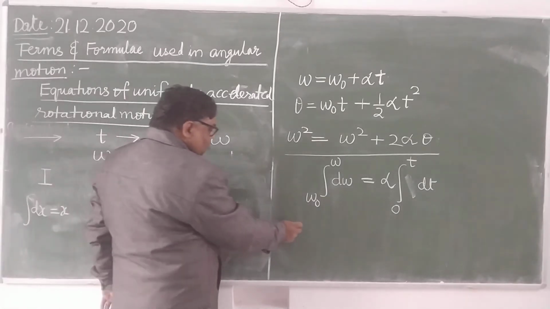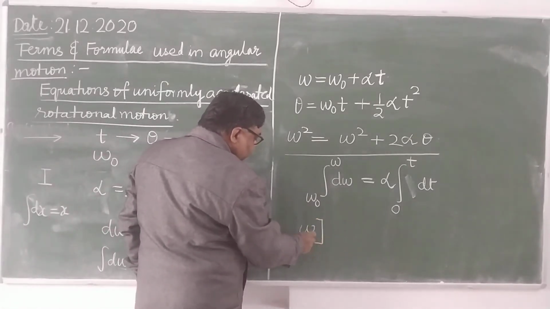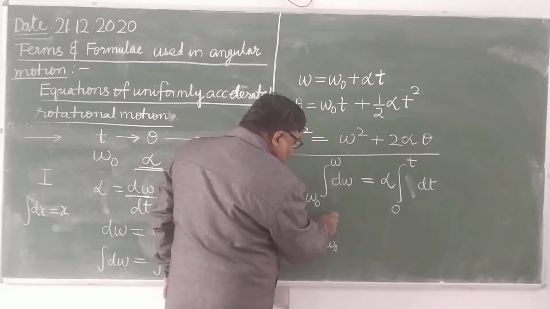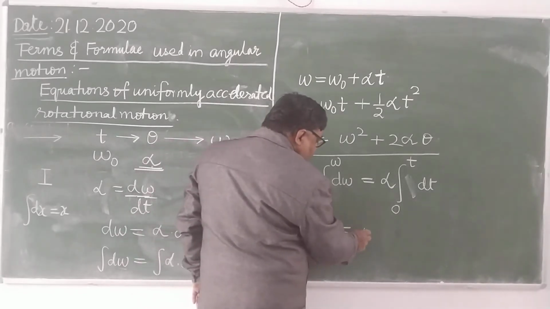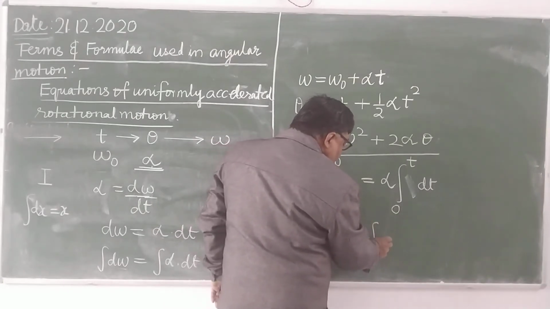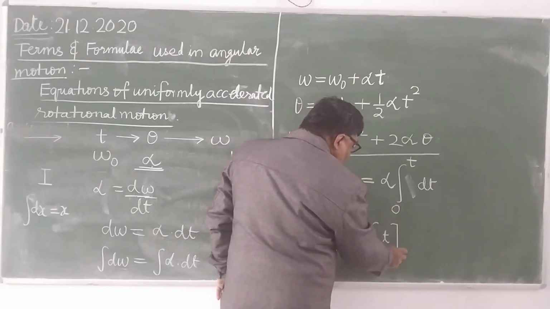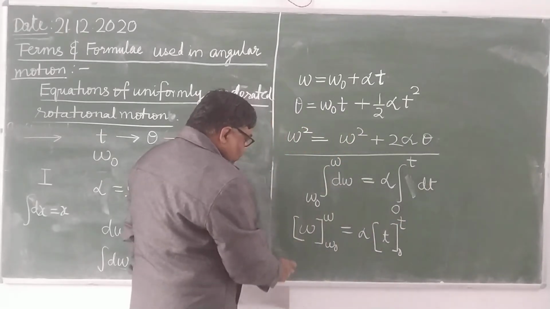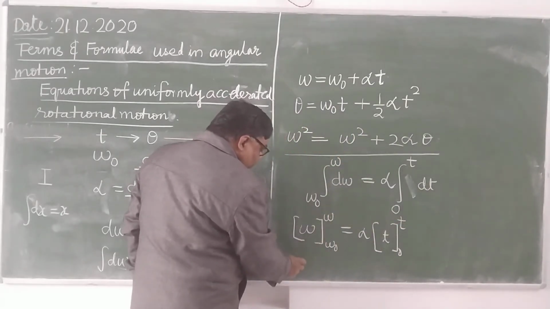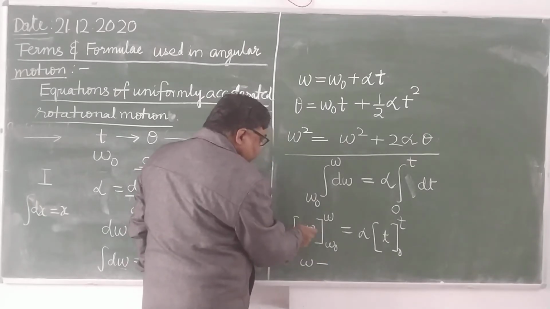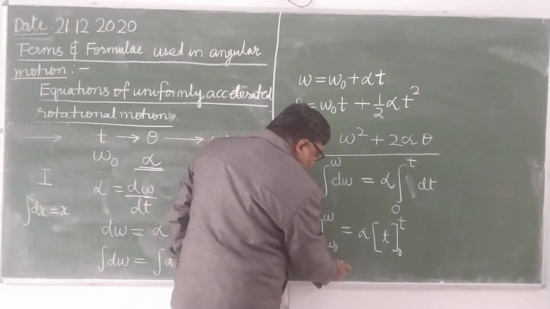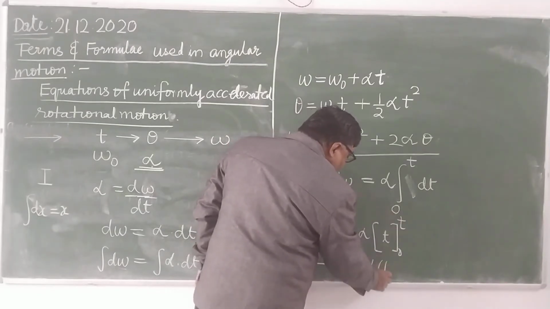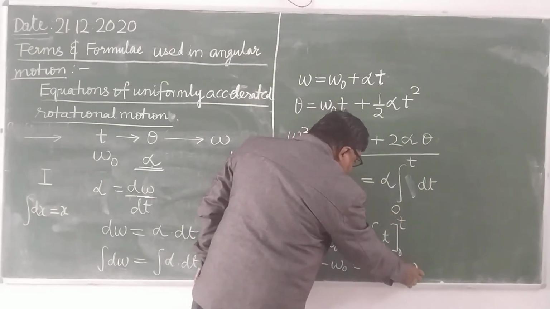So it will be equal to omega from omega naught to omega equals alpha into t from 0 to t. Now substituting the limit: its value at the upper limit omega minus its value at the lower limit omega naught equals alpha times its value at the upper limit t minus 0.